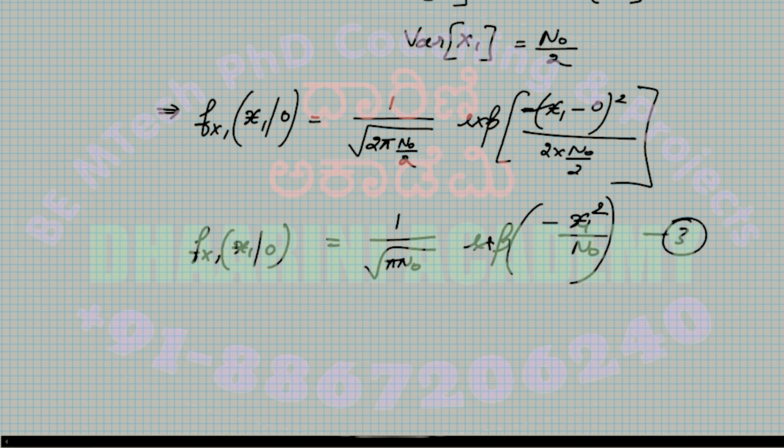What is an error? Because our intention now is to calculate the probability of error, right? Before that, I need to understand what is an error. So error is something like when 1 is sent, receiving a 0.